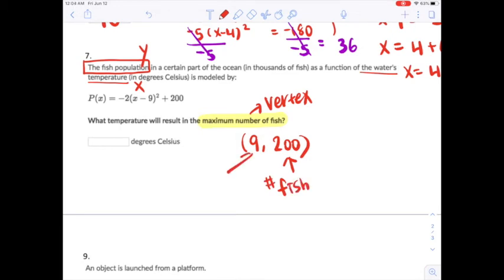And this is my temperature. So the question asks what temperature, so we're just answering temperature, which is 9 degrees.